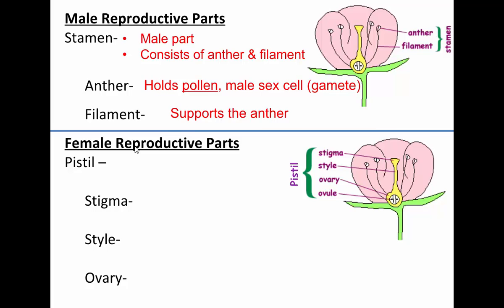So this flower in the diagram has 4 stamens that are producing pollen. Then this middle section of the plant is the female reproductive structure of the plant. It's called the pistil.